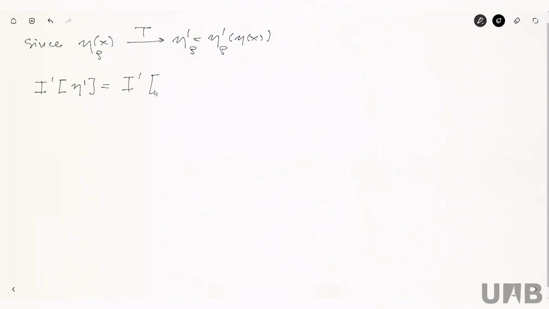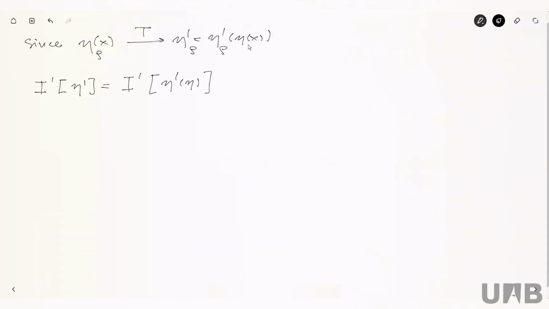Now, since eta of x transforms under T into a new field, which is a function of the old field, and if it has an index, it has an index, okay? So rho, if this is a collection of these fields. Well, that means that the new action, which is a function of the new field, is through this dependence also a function of the old field, right?